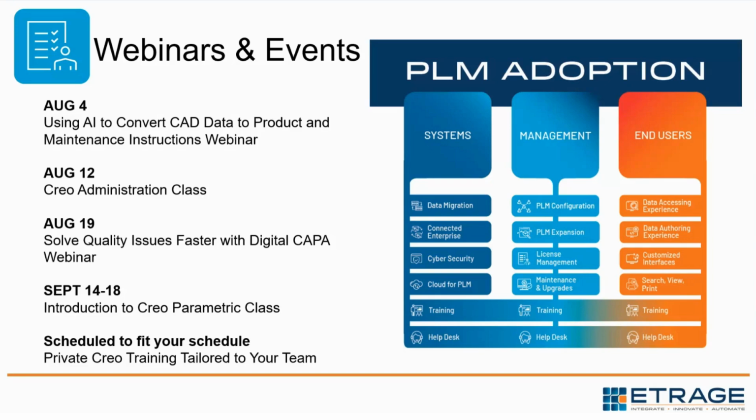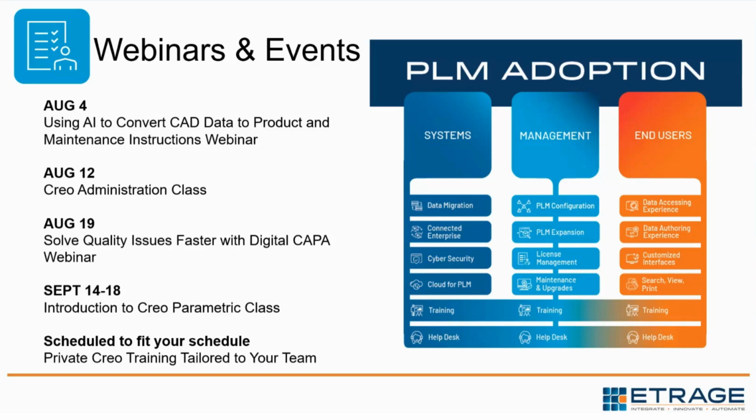So on your screen, you'll see some of the upcoming webinars, which include using AI to convert CAD data to product and maintenance instructions. On that one, you'll learn how AI can automatically transform CAD models into product documents and maintenance instructions, helping organizations to reduce documentation time or address any technical writer shortages you may have.